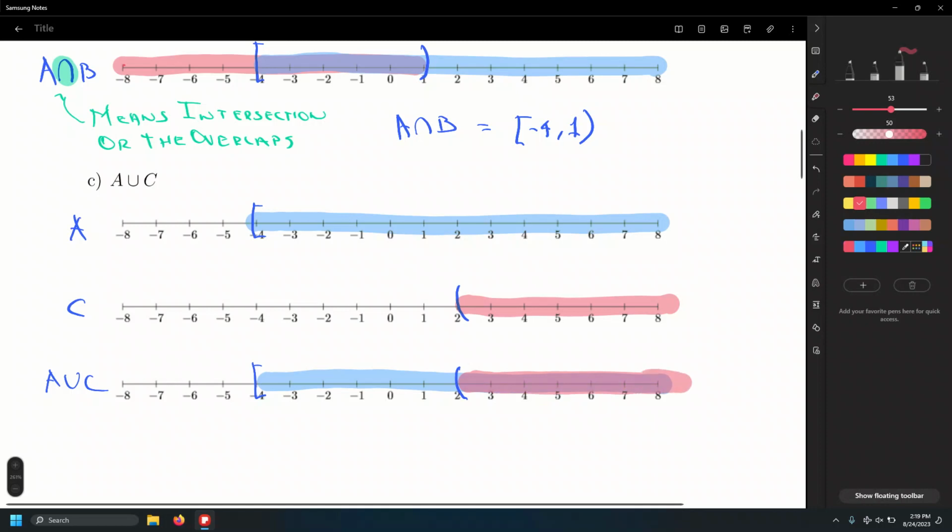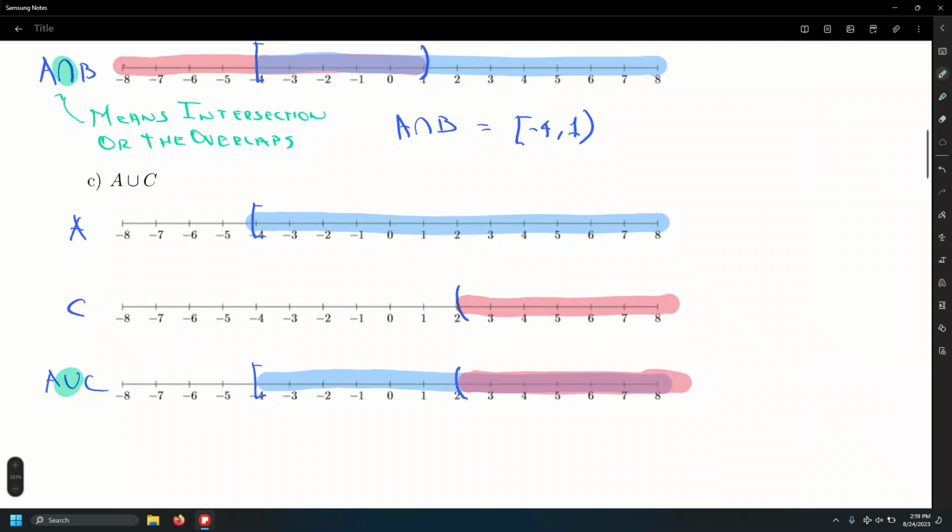This could be a little tricky because, well, these two sets have overlaps, right? So there's an overlapping region here where the two colors blend and the pink and the blue become some shade of purple. Now, but here we're not looking for the intersection like the one we did before. All right, we're looking again for the union, and let's describe in words what we're going to do here.